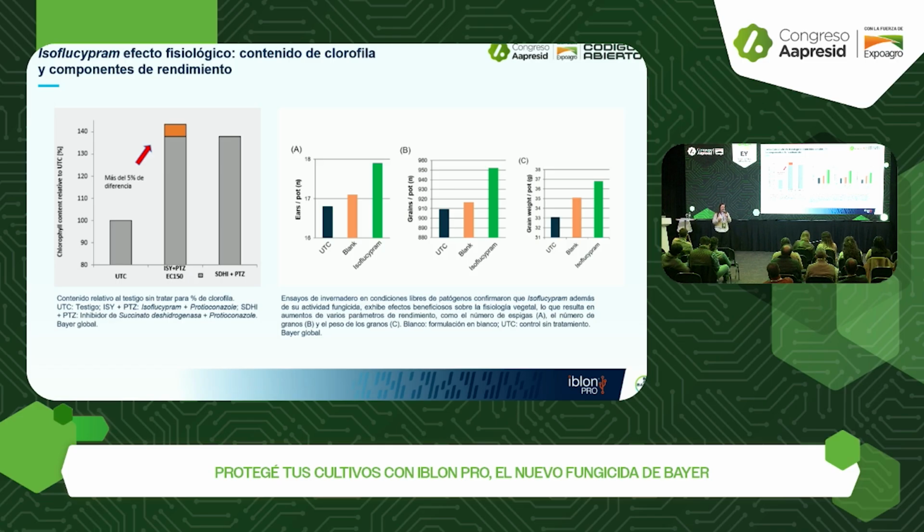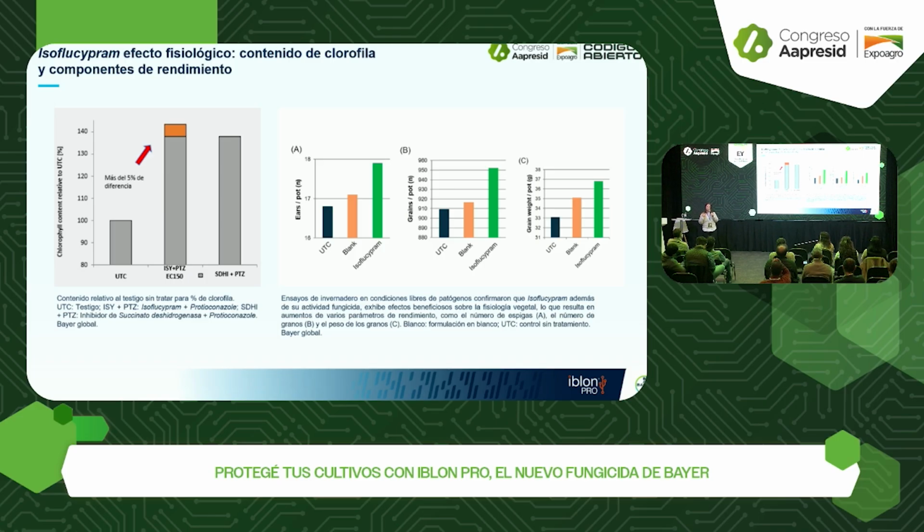It's inhibiting that effect, but it's another carboxamide. So in order to summarize this graph, we are able to see that there is a 5% increase in chlorophyll in the leaves of plants treated with isoflucipram. This shows the physiologic impact of this agent on plants.